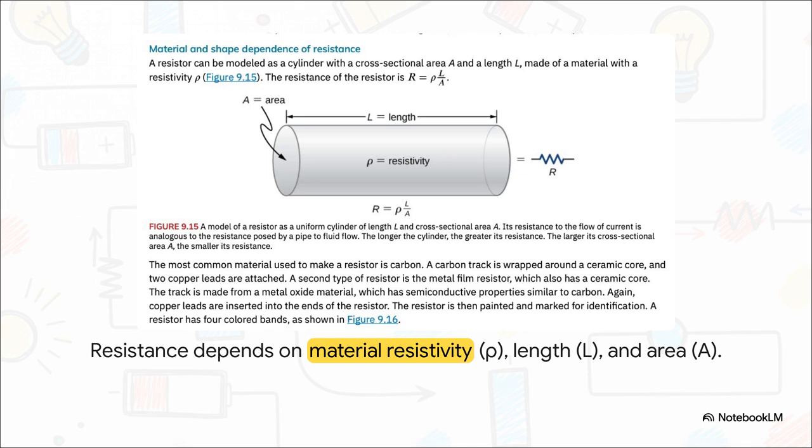Rho is the resistivity. That's an intrinsic property of the material itself. It's what makes copper different from rubber. L is the length. A longer wire means the charges have to travel farther and have more chances to collide, which means higher resistance. And A is the cross-sectional area. A thicker wire is like a wider highway, more lanes for the charges to flow through, which means less resistance.